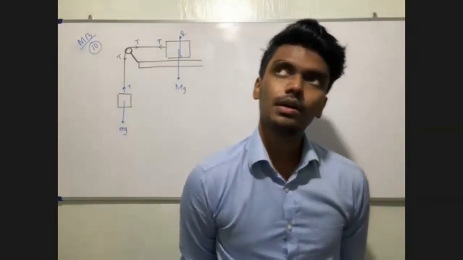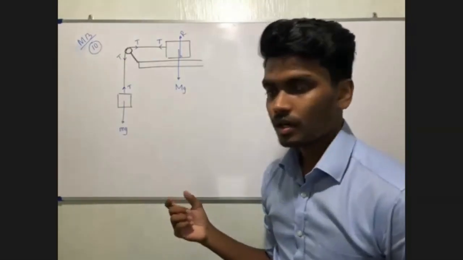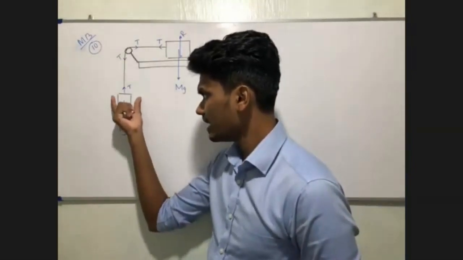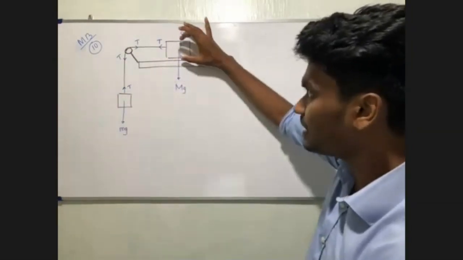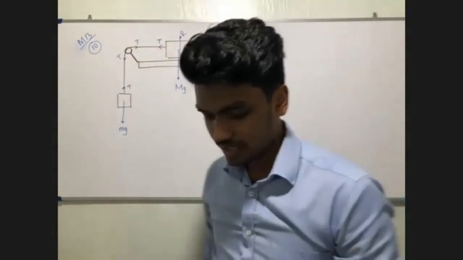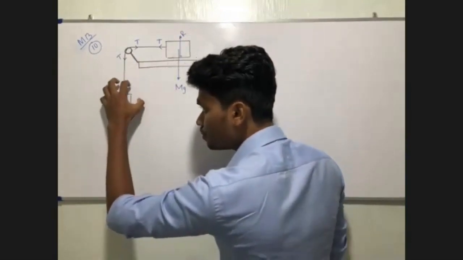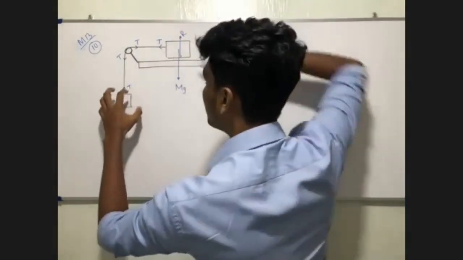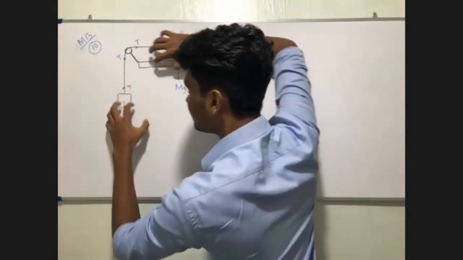Now, guys, think about this in this way. When M moves down, this capital M also should move the same amount, right? If simple M is moving downwards by a certain amount, capital M is also moving in the right direction, by the same amount, right?